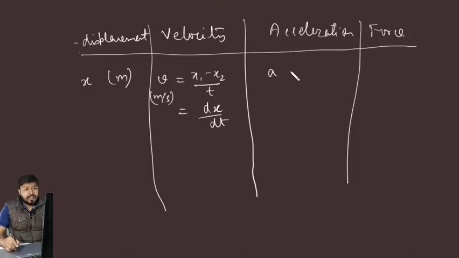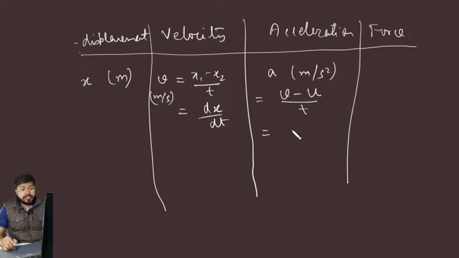Acceleration A, SI unit is meter per second square, represented as final velocity minus initial velocity per time, or rate of change of velocity. In the differential form we can write dv dt.